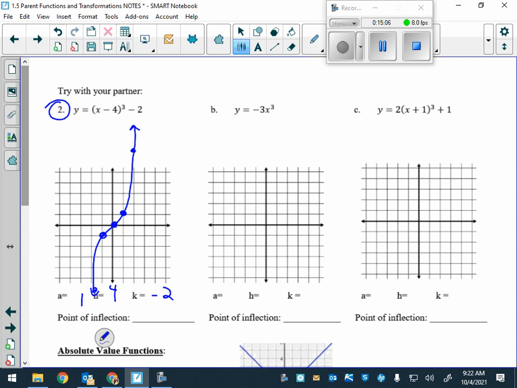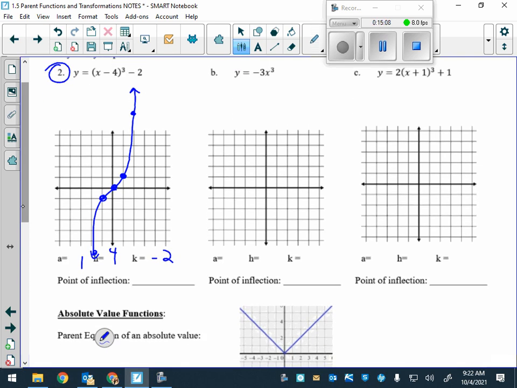Christian, what's my point of inflection then? For -2. Awesome. Okay. So with that being said, what's one transformation happening? Eliza. Right 4, good. And then KR, what other transformation? Down 2.